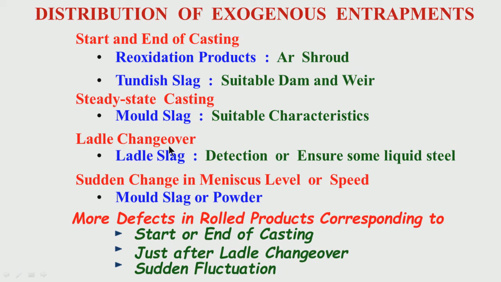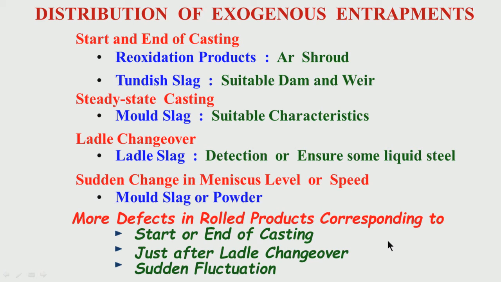Ladle changeover, again a non-steady situation, or a sudden change in meniscus level or speed. Whenever there is a non-steady state of casting, there is a possibility of more defects. This is with respect to the length of the cast product. At certain locations of the length you have more defects.